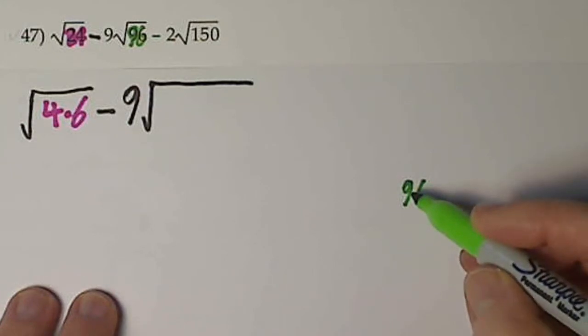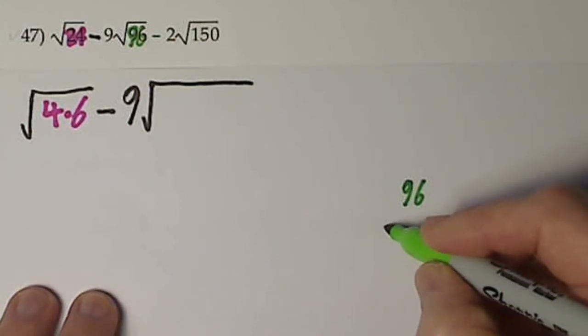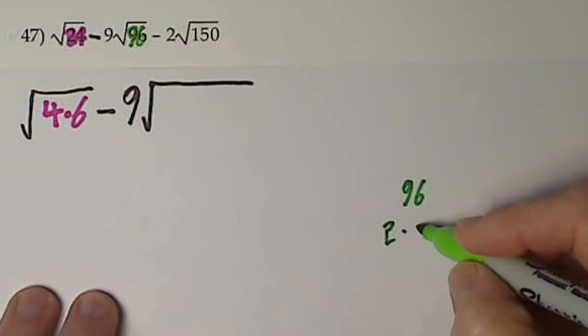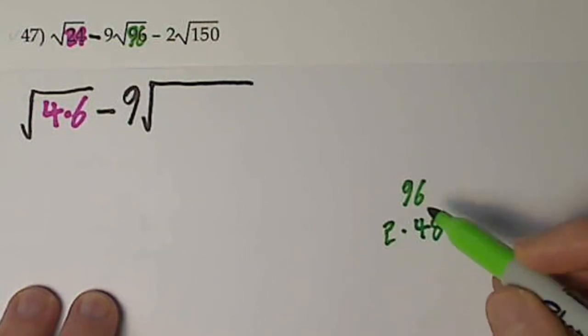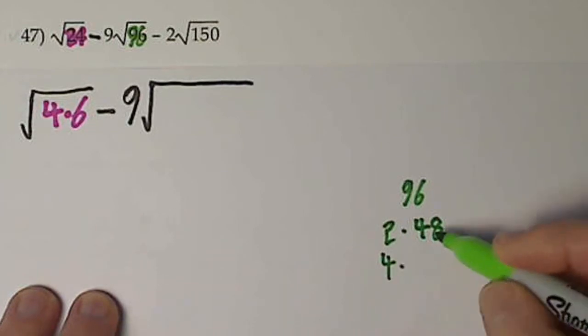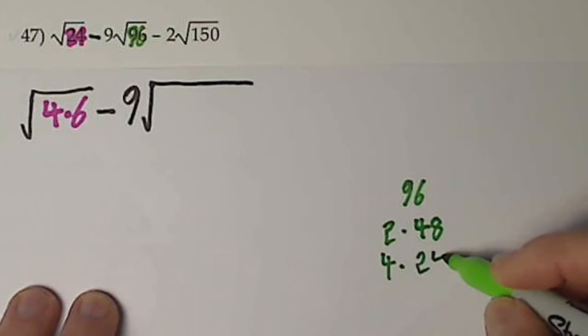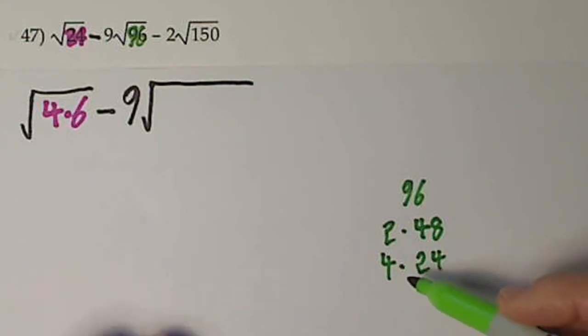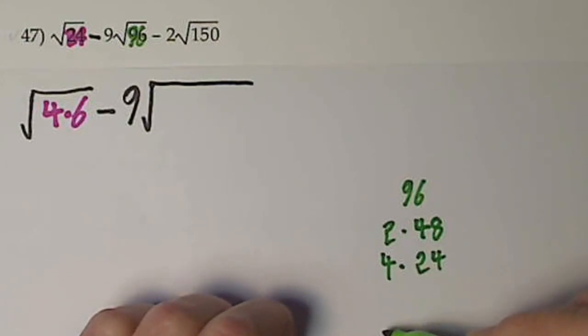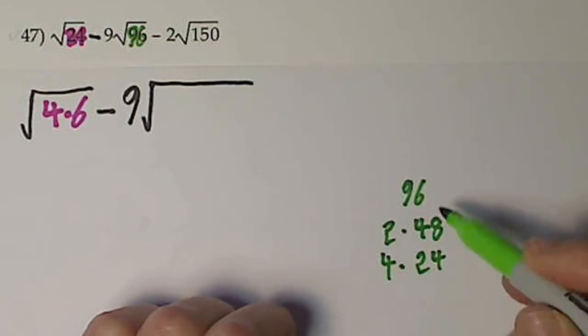4 times, so let's see, if 2 times 48 gave us 96, then 4 times 24, and if I keep going, I'm going to find out that something times 16 will work.